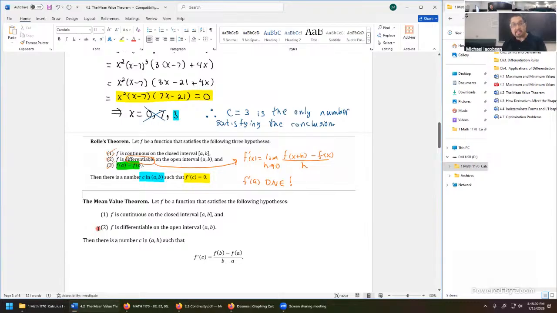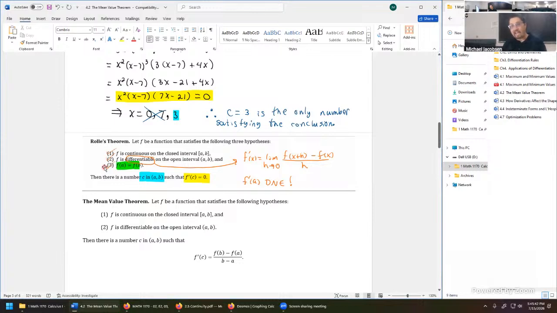The last hypothesis is that it's differentiable now on the open interval. Same technical issue there: open interval only because our derivative doesn't exist on a boundary value a or b. So we're saying continuous on a closed set, differentiable on an open set. Condition 2 is exactly the same as Rolle's theorem, but we peeled off a third condition.